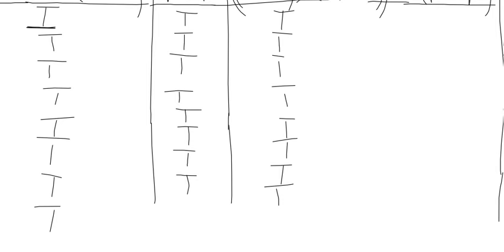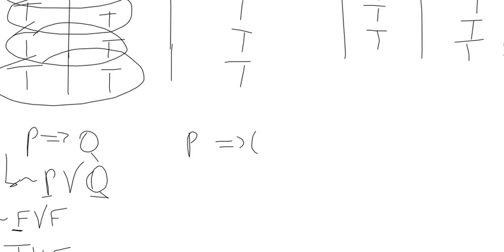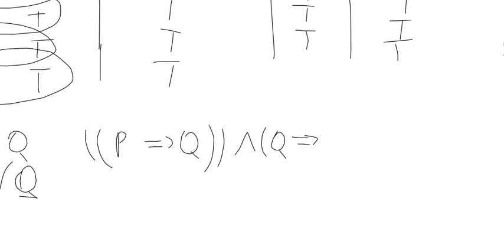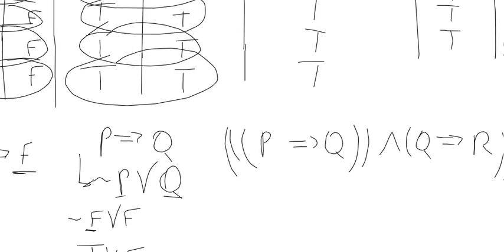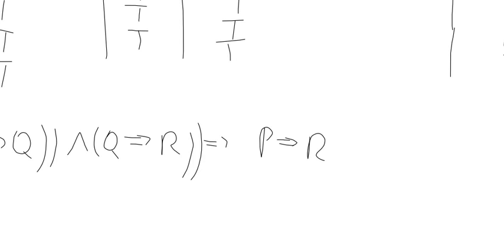And since they're all true, we have shown that the following statement, P implies Q and Q implies R, which implies that P implies R, is a tautology.